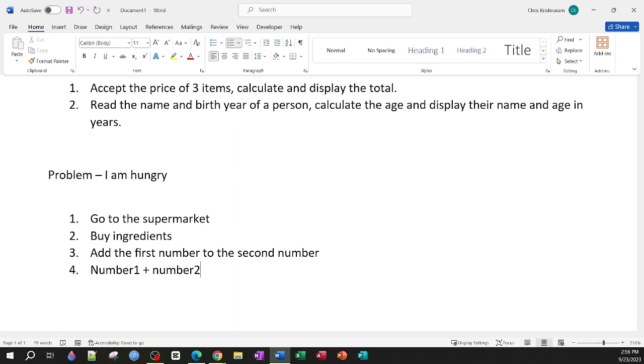But what I'm trying to explain is that in an algorithm, the steps are a bit more descriptive. You can write it in a sentence format describing what exactly is the action.